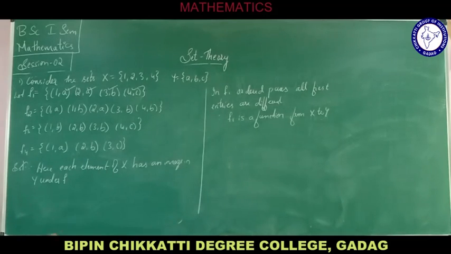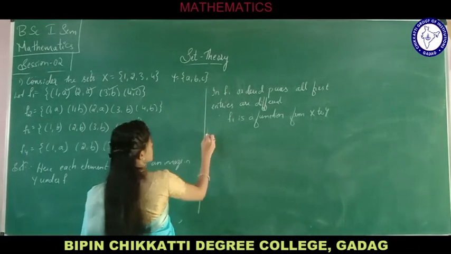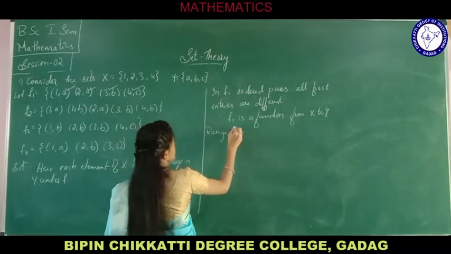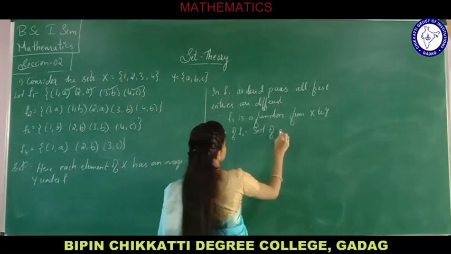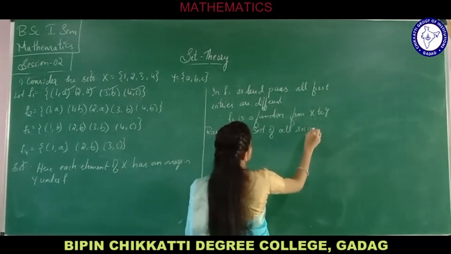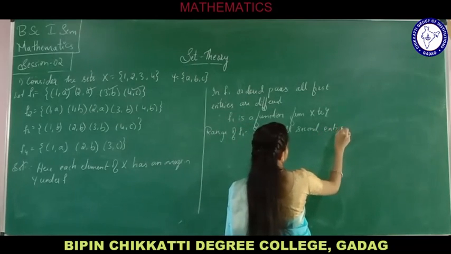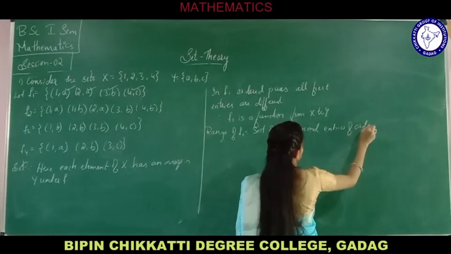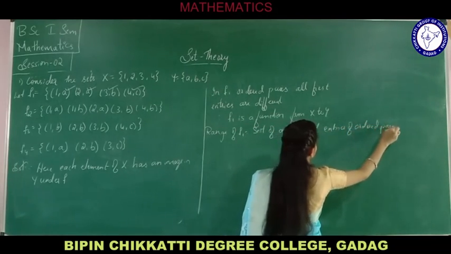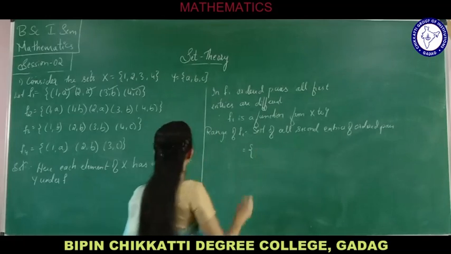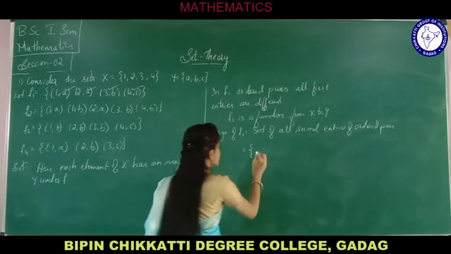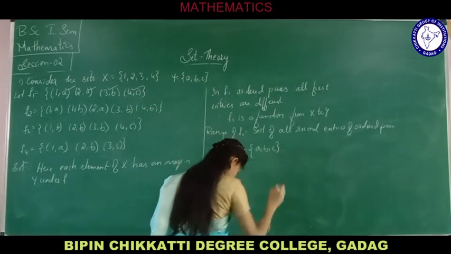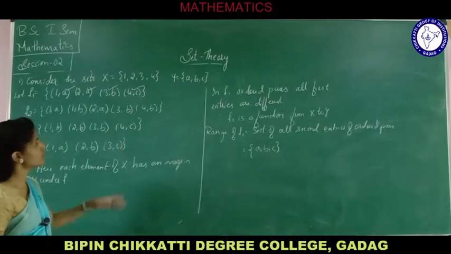Next, the range of f1 is the set of all second entries of the ordered pairs. What are the second entries of these ordered pairs? They are a, b and c. This is called the range of f1.